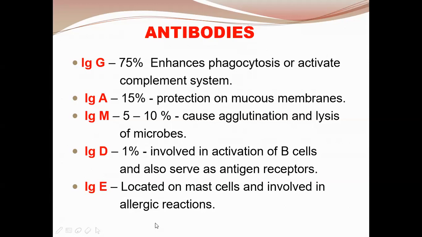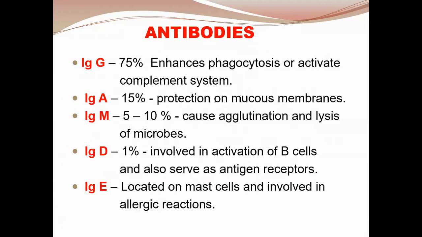So please remember, immunoglobulin G is a very important immunoglobulin with 75% availability, and it enhances phagocytosis and activates the complement system. And this is the only immunoglobulin which can cross the placental barrier. So it is just like Ganga. IgG means Ganga. Ganga flows.